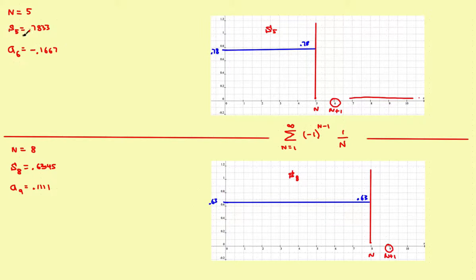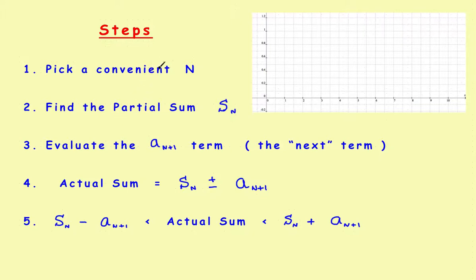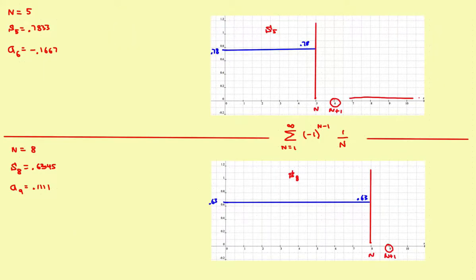Okay, so now I've got this partial sum and the next term for each one of these. So now I want to know what's the range of the actual sum. So we go back up, we've done the first step, the second step, the third step. Now the fourth step says this: the actual sum has to be equal to the partial sum plus or minus whatever the remainder is. So let's do that in both these cases.